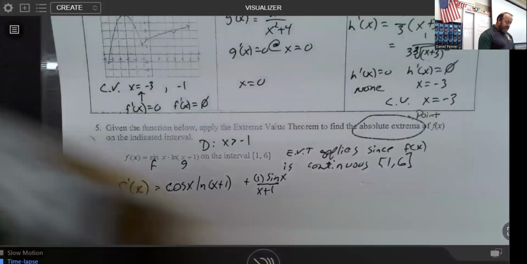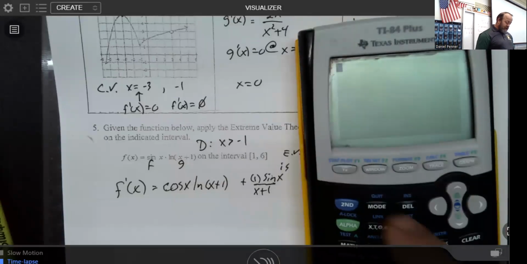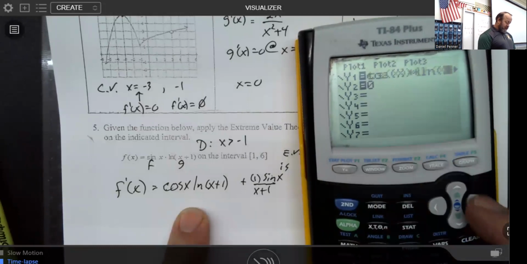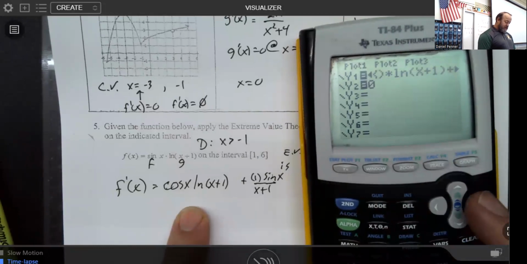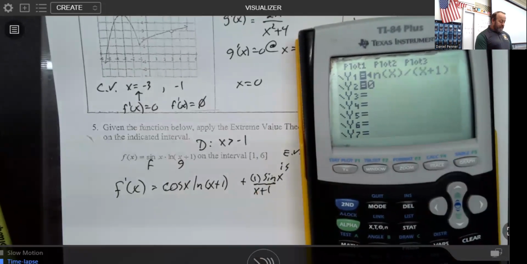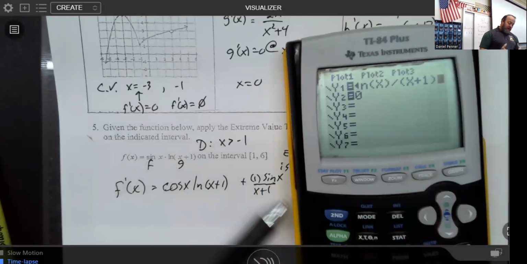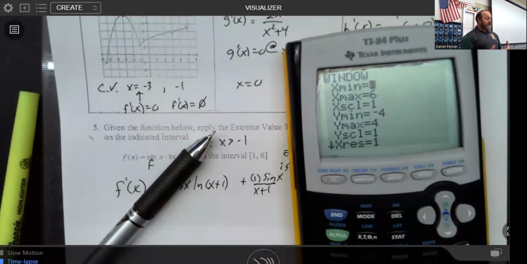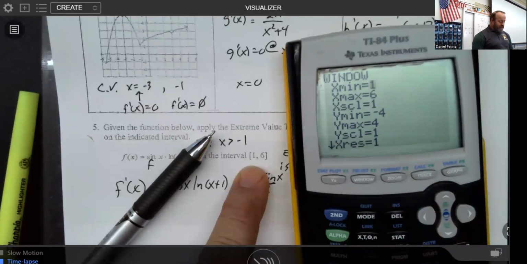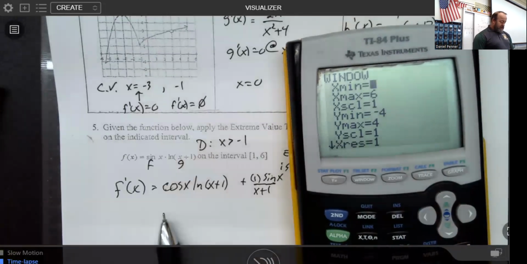So what I did is I typed in my derivative: cosine of x times ln of x plus 1, plus the sine of x on top over x plus 1 on the bottom. I looked at my window and I said, I'm only going to look from 1 to 6 because that was the given interval in this problem. And then I thought about it: sine and cosine just oscillate between 1 and -1, so they're not going to provide a huge amount of information.